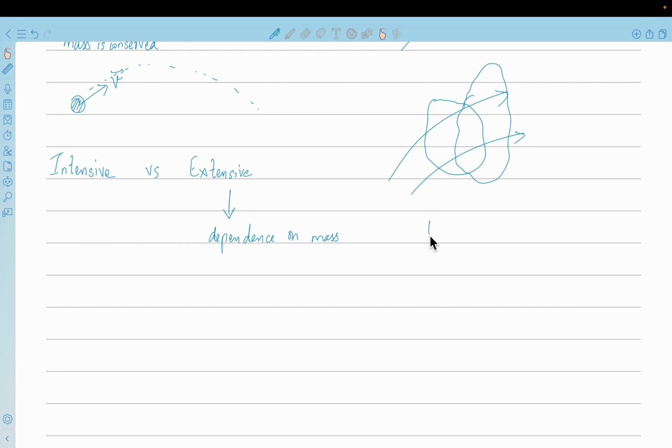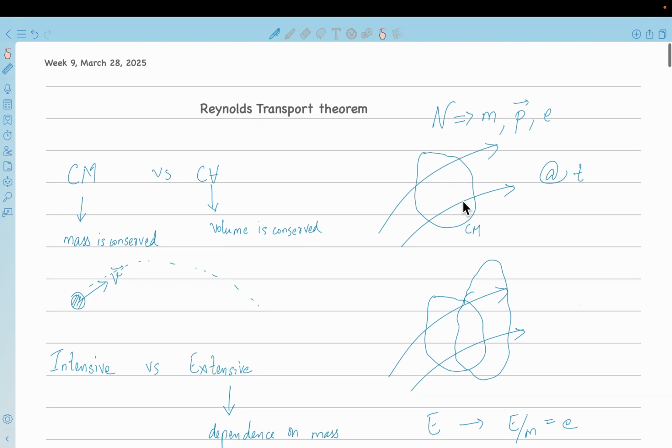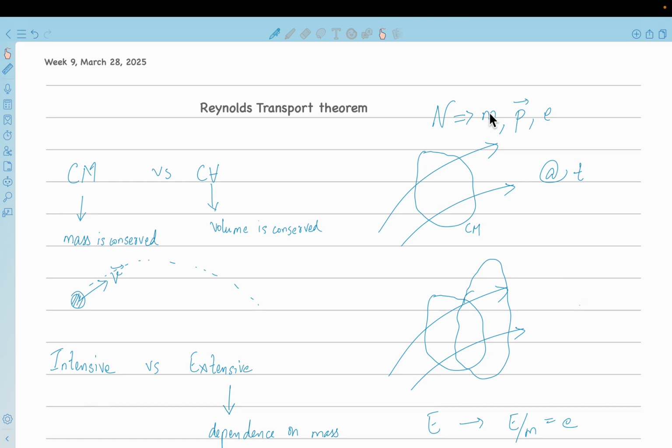If I am talking about energy, energy of a system depends on the mass. How much mass is there, that changes the energy. But on the other hand, if I ask you what is the energy per unit mass, then that becomes an intensive quantity.